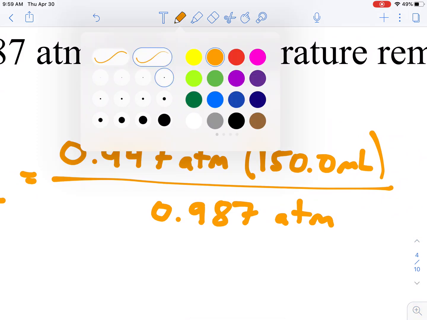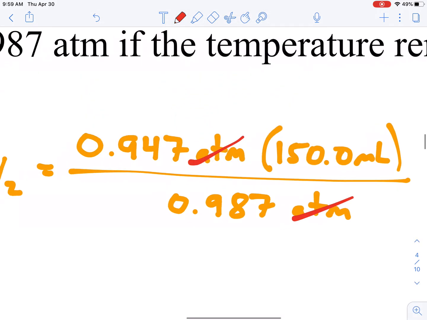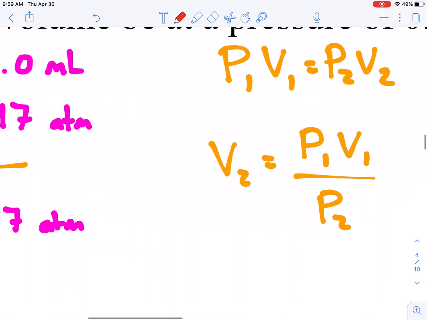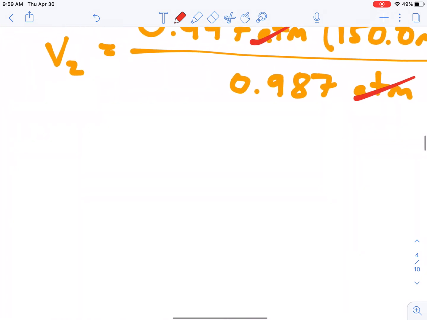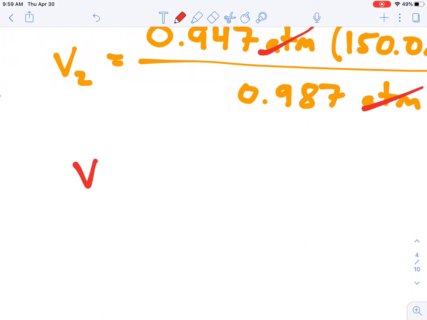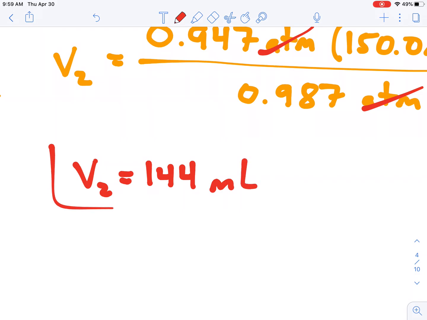You'll notice that your atm cancel, you're left with milliliters. Sig fig wise, on our list of sig figs we have 4, 3, and 3, so our answer here should have 3, and we end up getting our V2 as 144 milliliters.